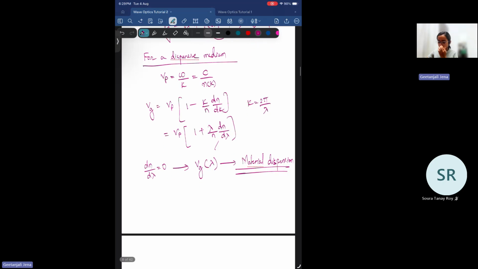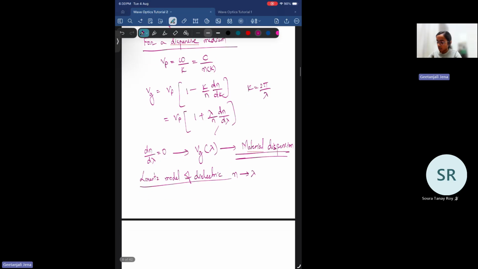And to find out how the refractive index depends on wavelength, you can recall in the lecture we used the Lorentz model of dielectric to find the dependency of n on lambda. I hope that model is clear to you. If not, let me know. I'm just writing the expression that we got from the model.